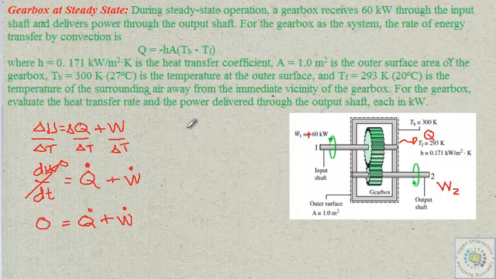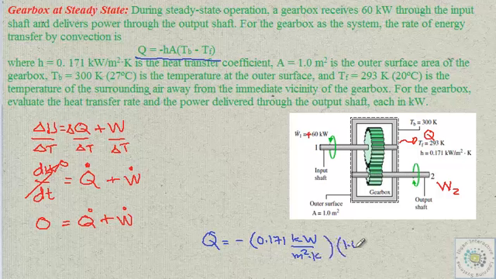Okay, to solve for Q, how much heat is being released, we can simply use the heat transfer equation. Let's put values to that. Q will then be equal to negative h, where h is 0.171 kilowatts per meter squared Kelvin, multiplied by area.